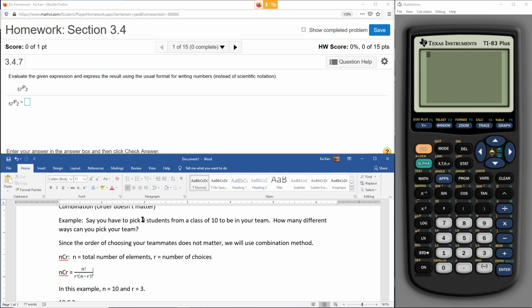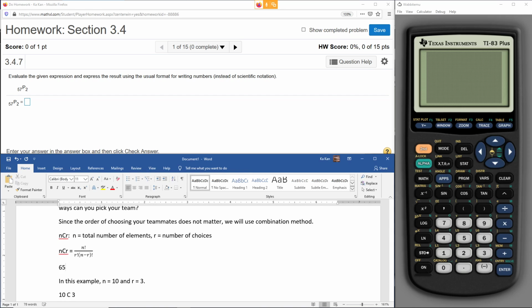What is this thing? The exclamation mark means factorial. Factorial simply means, if I have 5 factorial, that just means 5 times 4 times 3 times 2 times 1, which is 120.